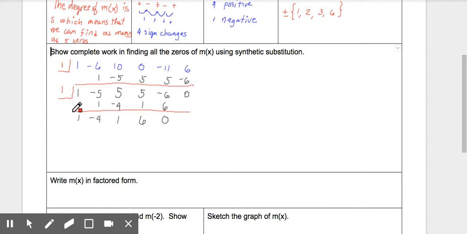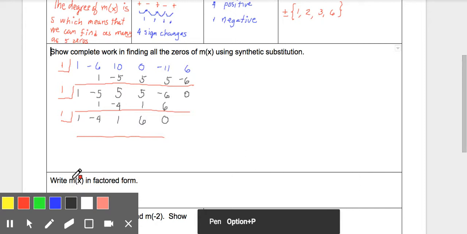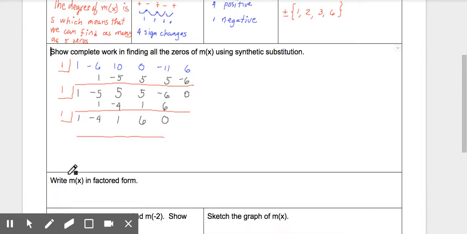Now let's try if 1 will work again. So we'll have here... okay, so we bring down 1. 1 times 1 is 1. Negative 4 plus 1 is negative 3.